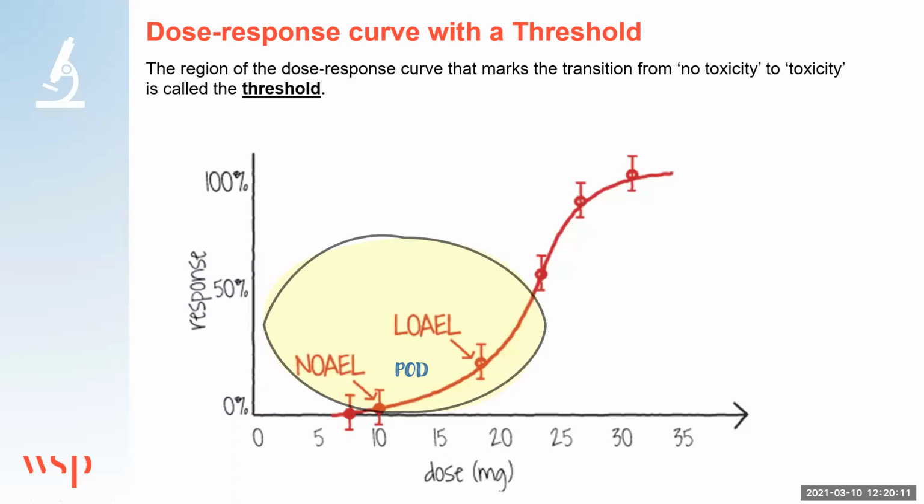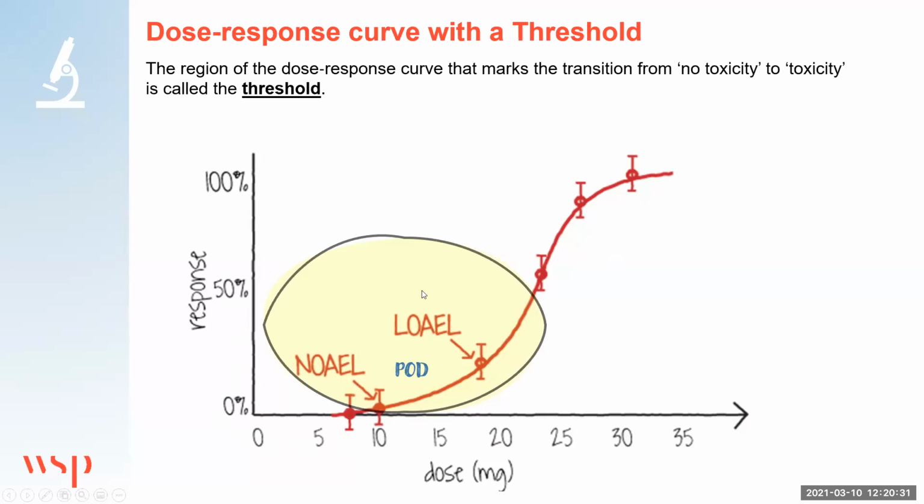Okay, so here we're looking at a dose response curve for a chemical with a toxicity threshold. The dose is down here on the bottom, these are just arbitrary values here, and the response is here on the y-axis.